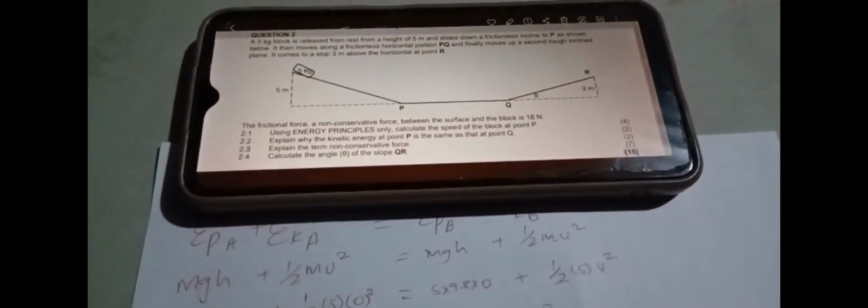So they are saying to us, PQ, okay. Explain why the kinetic energy at P is the same as the kinetic energy at Q. So why is it the same? First, there's no friction between P and Q. Secondly, the mechanical energy is always conserved.